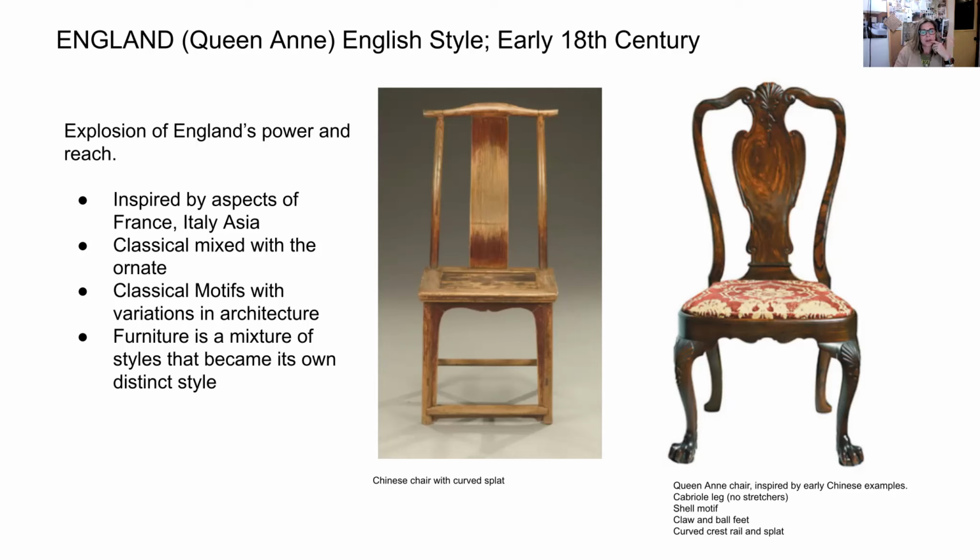Then we have classical motifs with variations in architecture. You're going to see a lot of these motifs moved from where they would normally be applied, in let's say the Renaissance.